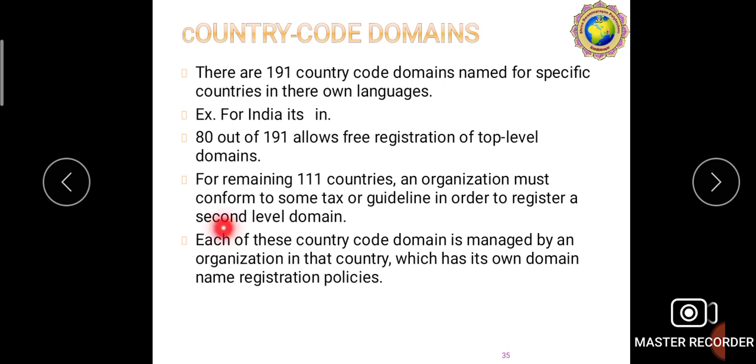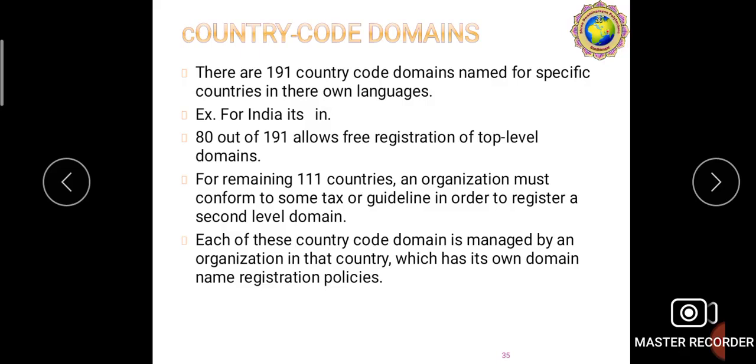Each of these country code domains is managed by an organization in that country, which has its own domain name registration policy. Once again, a country code domain is one type of domain for a specific country in their own languages.